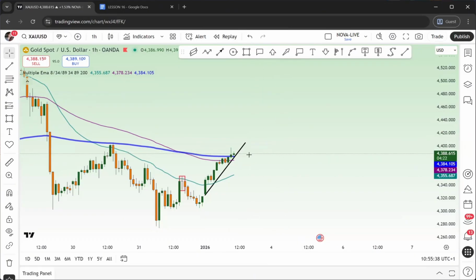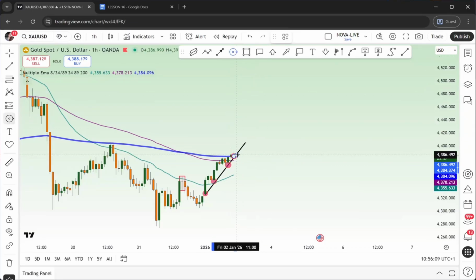And for spacing, between touches on the trend line, price needs to move away from the trend line. As you can see, on this trend line I just drew for you, the touch points move far away, not really close together.